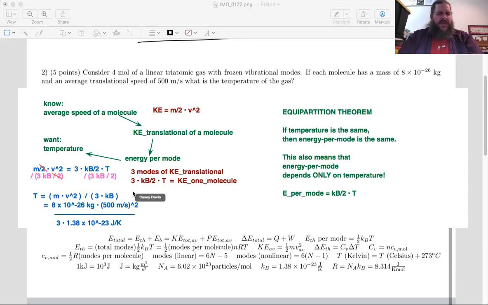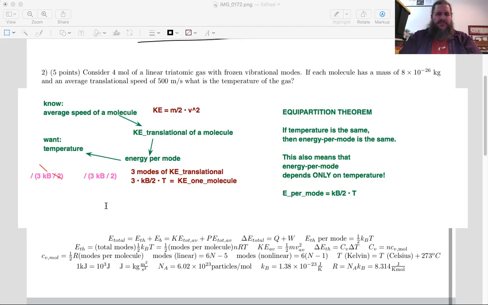And to simplify this a bit, first of all, I find it's often useful to write everything in scientific notation. Like 500 is 5 times 10 squared. And that actually is going to make it a lot easier to simplify things, I think.